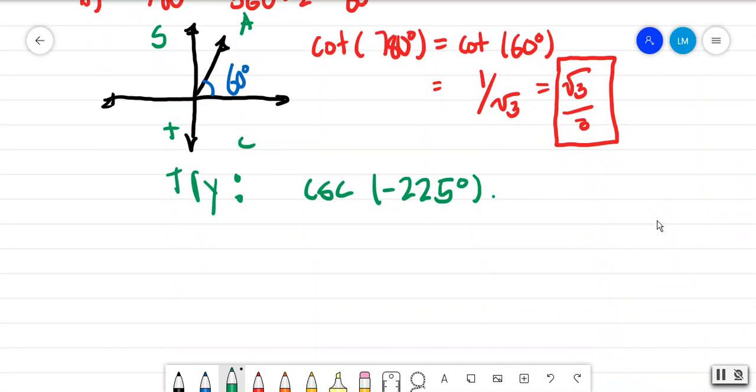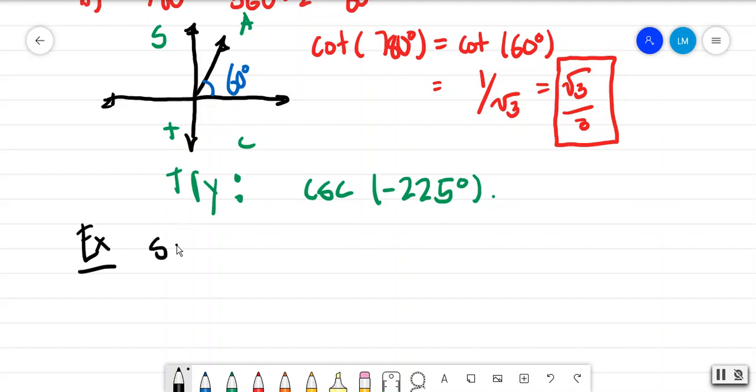Now, we'll go ahead and look at another example. It's really just evaluating things, so there's not too much to do.